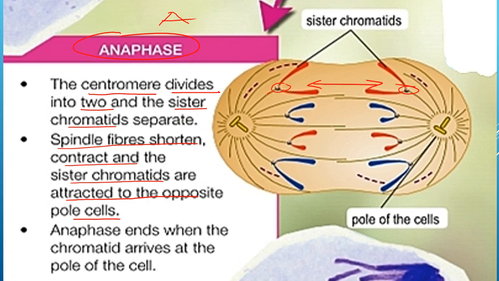Dia tarik. Anaphase will end when the chromatids arrive at the poles of the cell. So itu yang berlaku semasa anaphase.